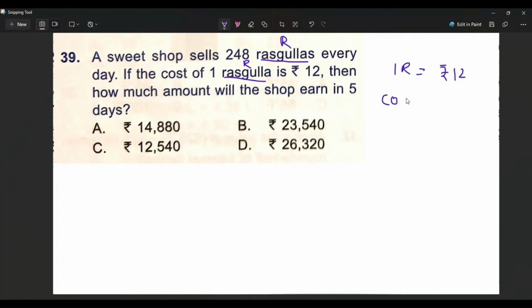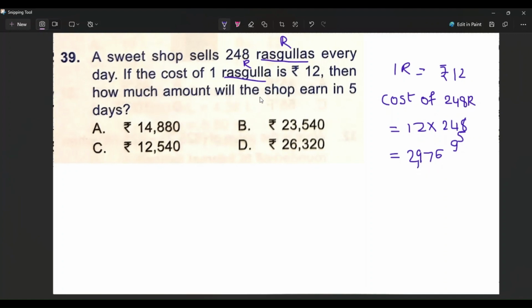Cost of 248 rasgullas, 248 R is equal to 12 into 248. 12 into 8, 12 8s are 96. 12 4s are 48. 48 plus 9, 57. 12 2s are 24. 24 plus 5, 29. So we got cost of 248 rasgullas as 2976.